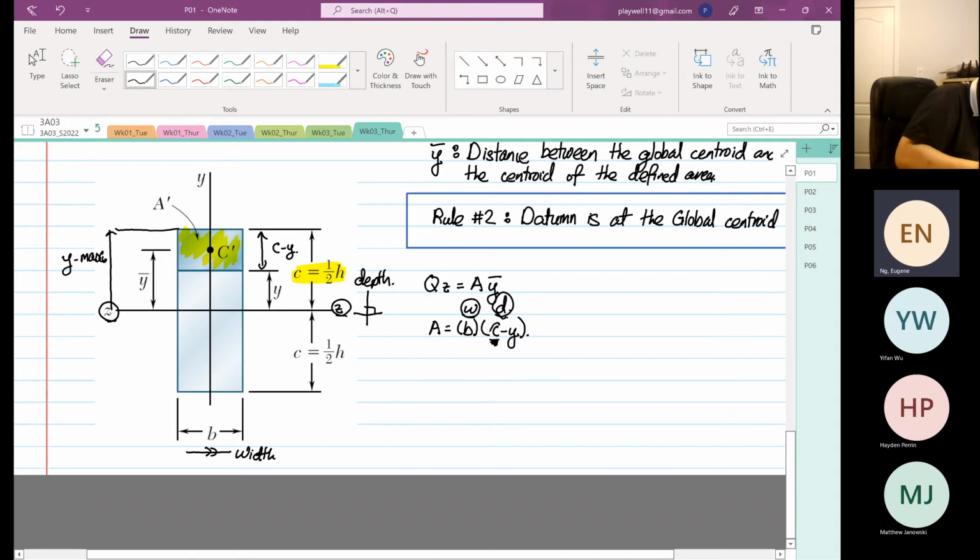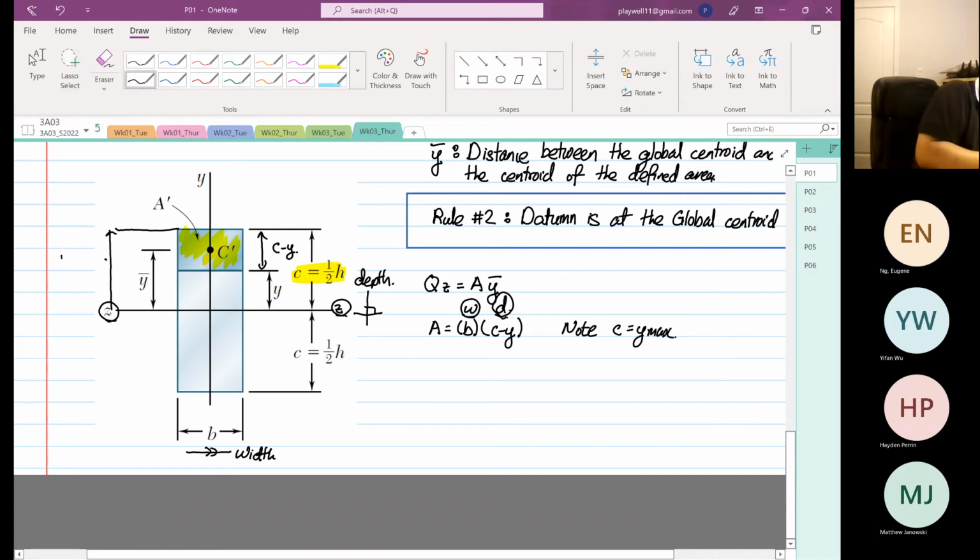That's why you have C over here, right? The C is where, let me write this out. Okay. Note, C is also equal to what? Y max. Yes or no? Right? It's your Y max. So in this context, the analysis direction starts from Y max.